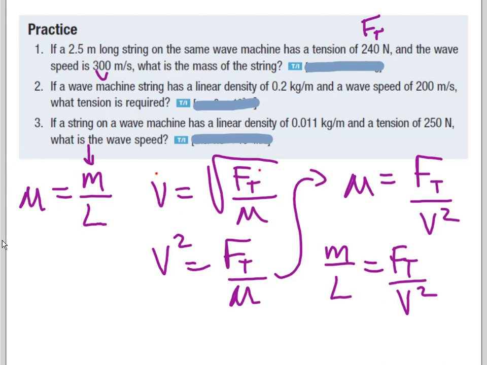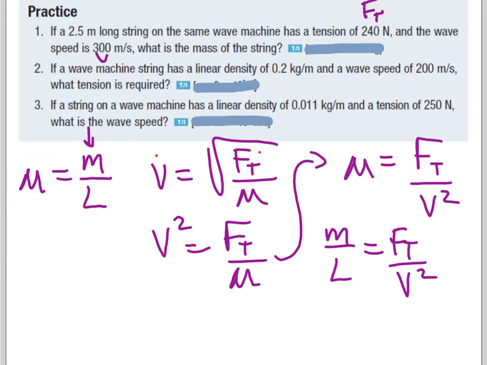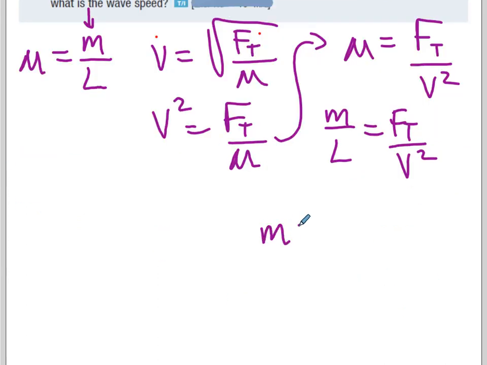Better give myself a little bit more room here. And then the mass is going to equal the tension force times the length divided by velocity squared.